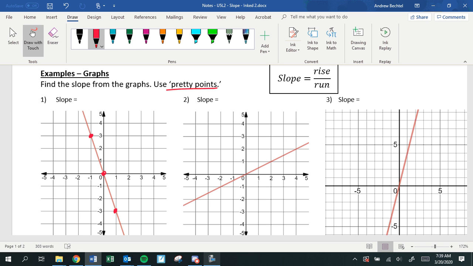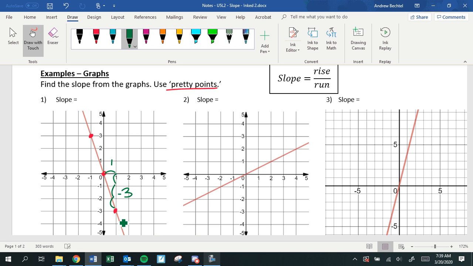If we look at any 2 points on this graph, let's say I look here and here, I can go over 1 and down 3 to get there. Doesn't matter if I go on the top of the line or below the line. So this goes right 1 and then down 3.